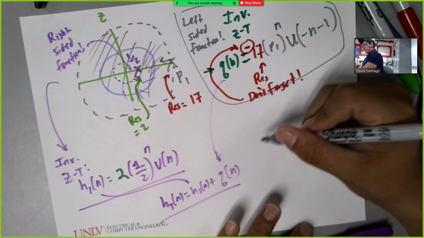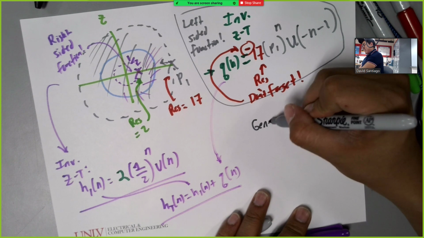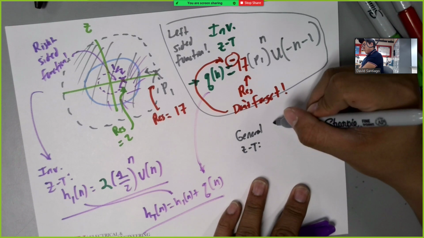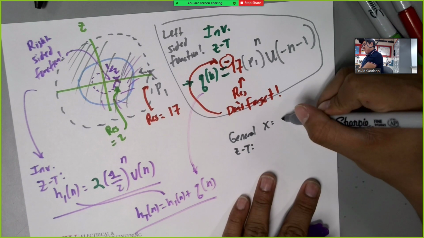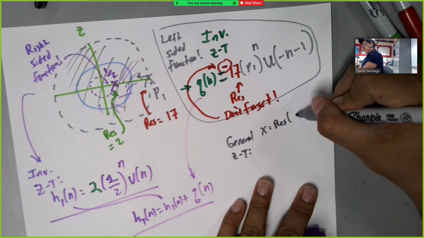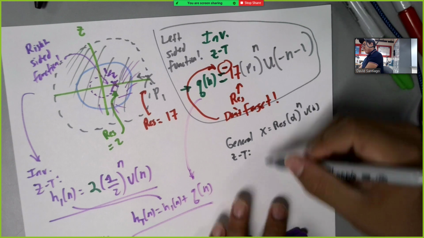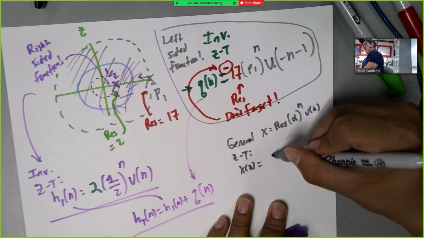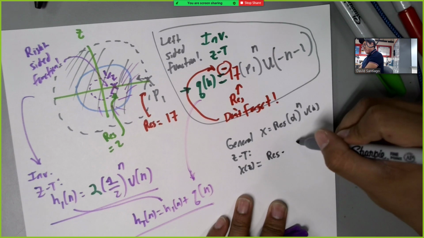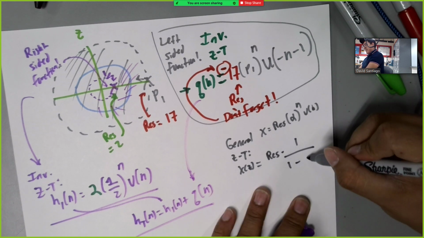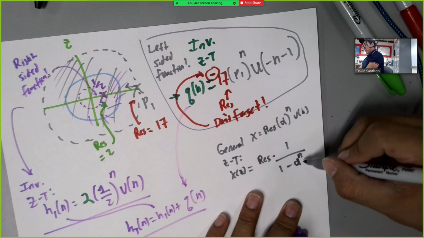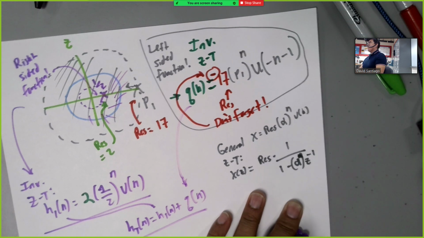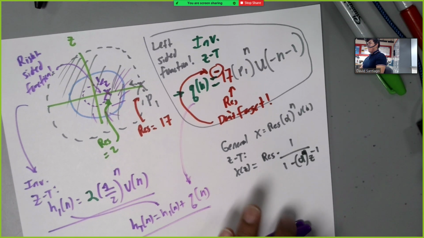The general Z transform for x of n equal to res times alpha to the n times u of n is going to equal X of z is this residue value res times 1 divided by 1 minus alpha z to the minus 1. That making sense?